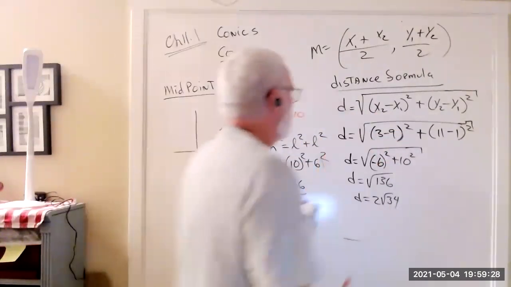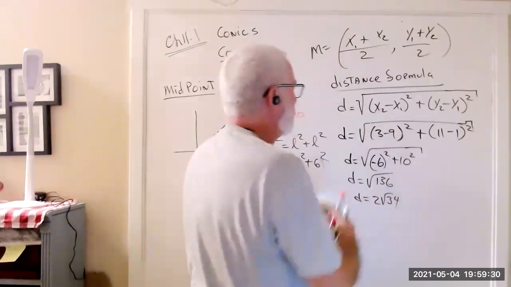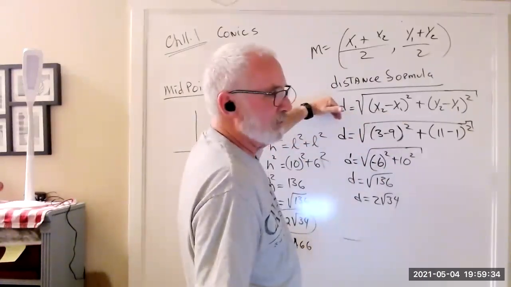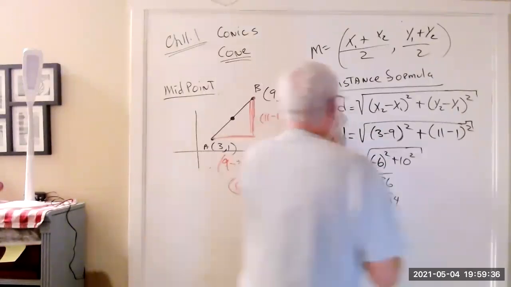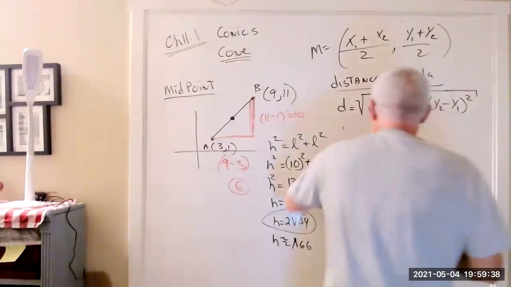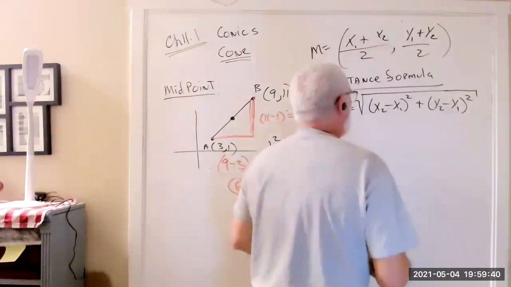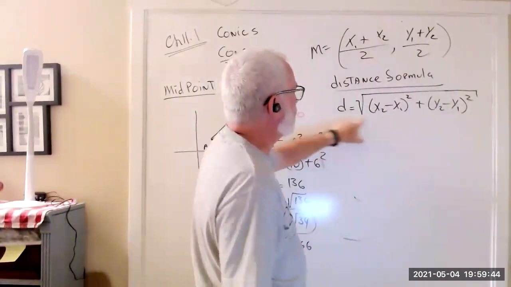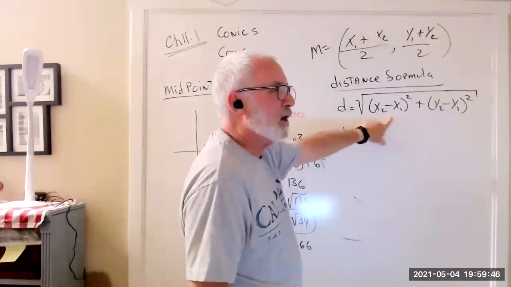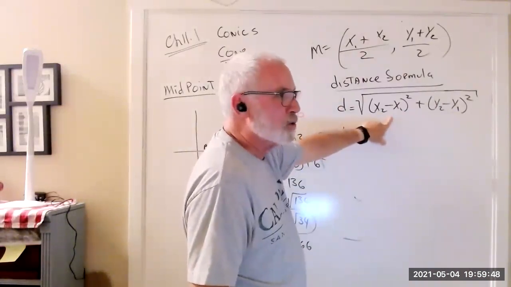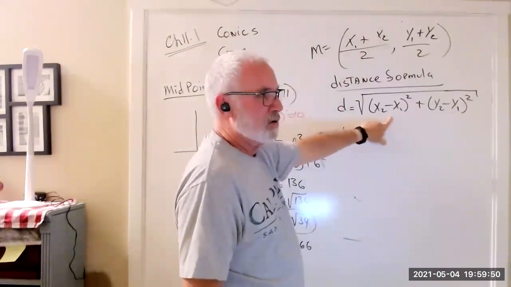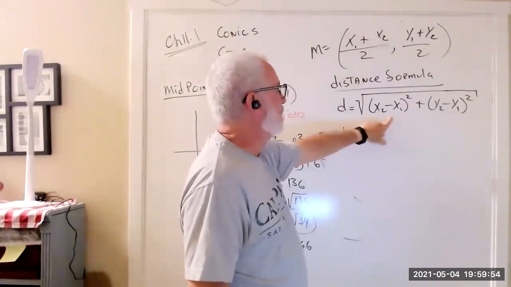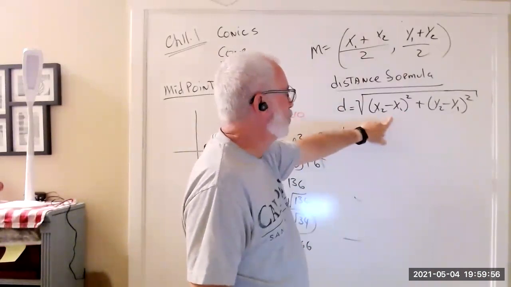Okay. I want to show you something back here at this formula. I'm going to erase all my work here and go to this distance formula for a second. In this formula, what can you do to get rid of the square root symbol? What math gets rid of a square root symbol?